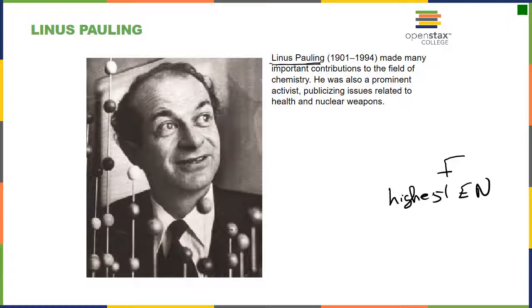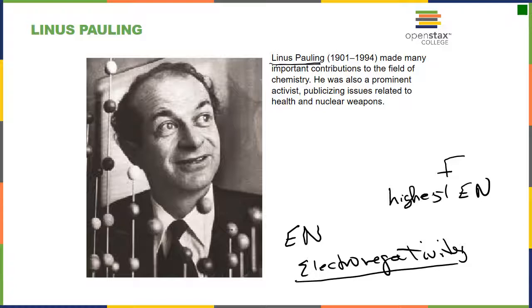We're going to shorthand electronegativity as EN, and electronegativity is the electron withdrawing power of an atom within a bond. So electronegativity means that if I put something like hydrogen next to fluorine, fluorine has a high electronegativity, and it is going to pull these electrons towards itself. The higher the electronegativity, the more it's going to pull electrons towards itself. At some point, it's going to pull the electrons off, and that will give us ions.